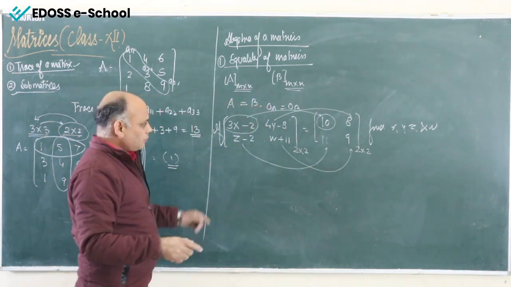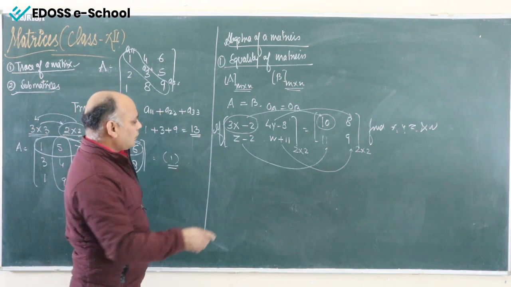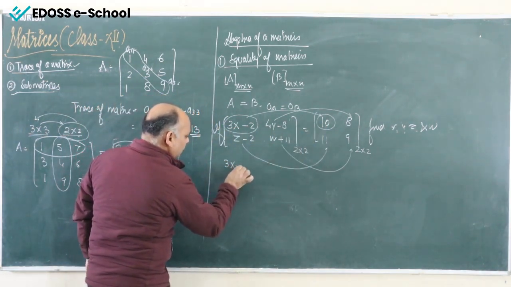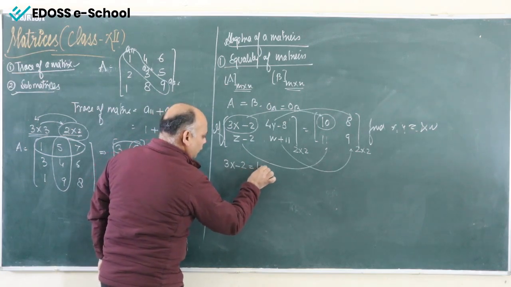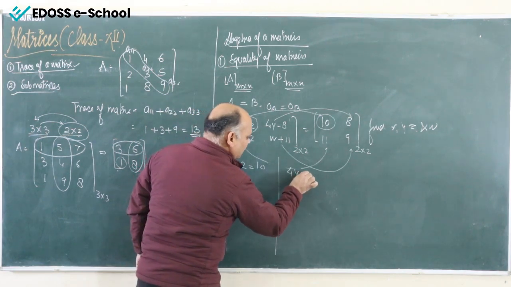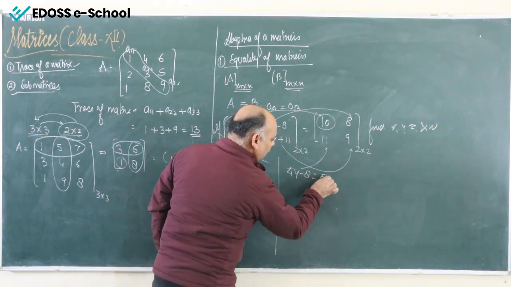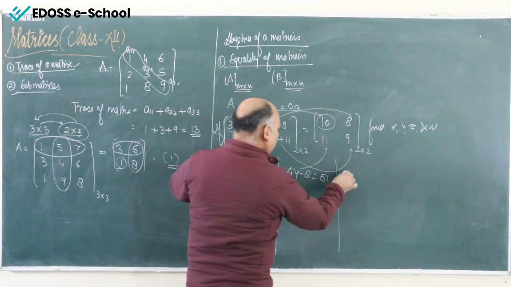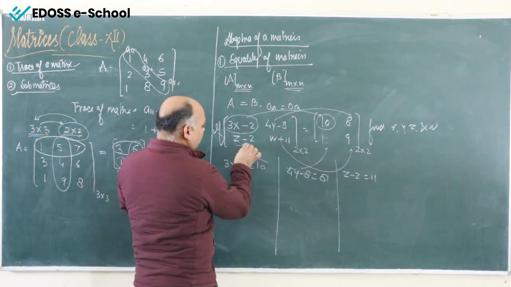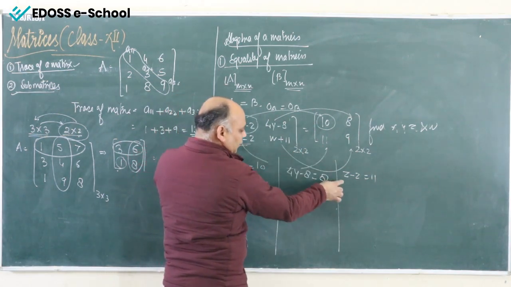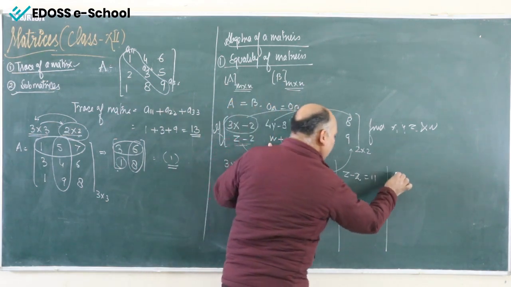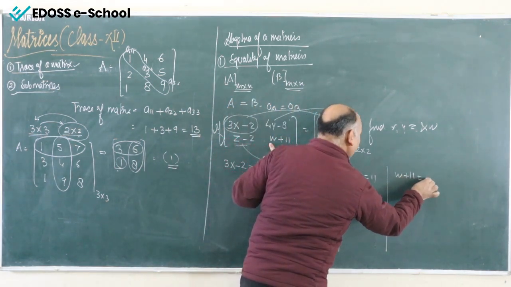Because the matrices are equal, taking the corresponding entries, 3x minus 2 will be equal to 10. Second, 4y minus 8 will be equal to 8. Then z minus 2 is equal to 11. And last, w plus 11 is equal to 9.